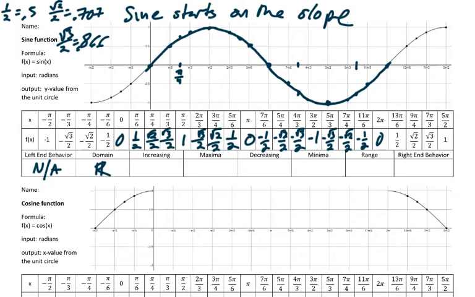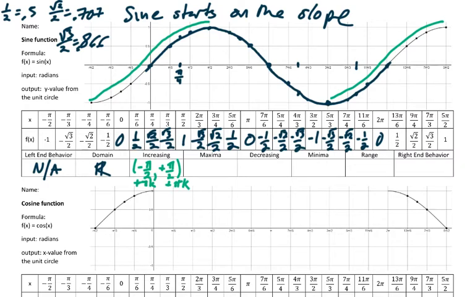It's increasing from here to here, and then that repeats. So it is increasing from negative pi over 2 to positive pi over 2, and then that keeps repeating. So you'd have to show more than one interval, plus some pi times k.